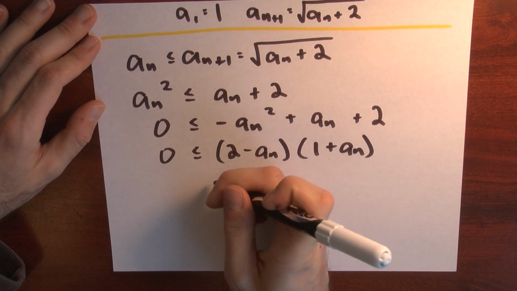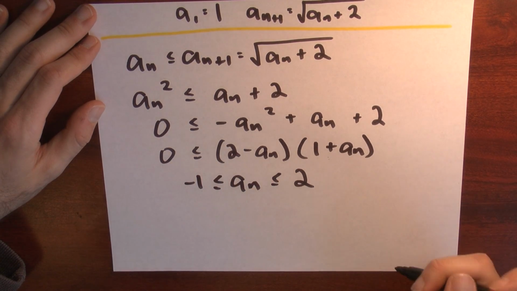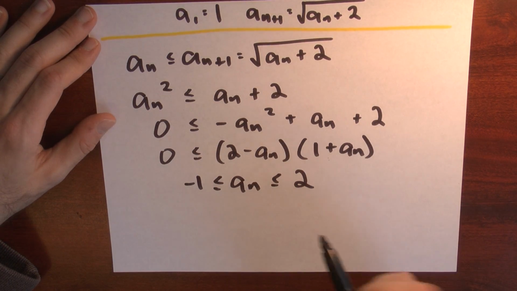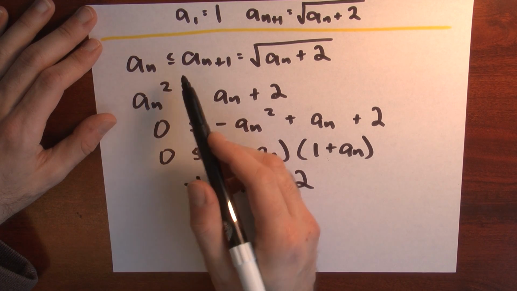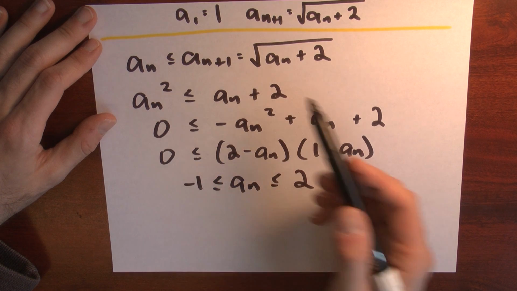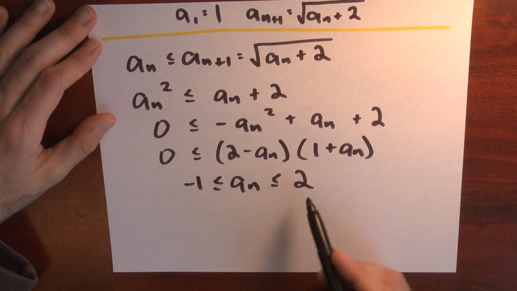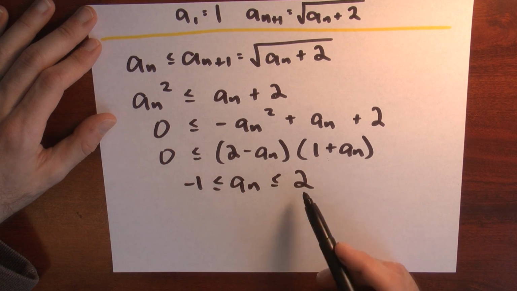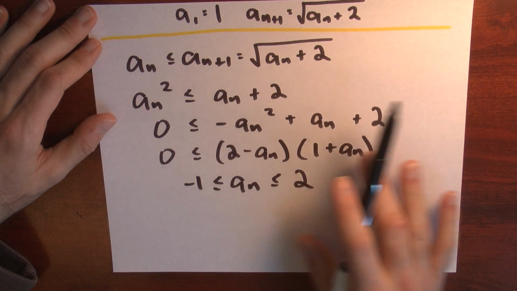And that happens when a sub n is between minus 1 and 2. So the upshot of this whole argument is that as long as a sub n is between minus 1 and 2, then a sub n is less than or equal to a sub n plus 1. But I know that a sub n is between minus 1 and 2 because just a little while ago we saw that a sub n was stuck between 0 and 2. And consequently, this sequence is non-decreasing.